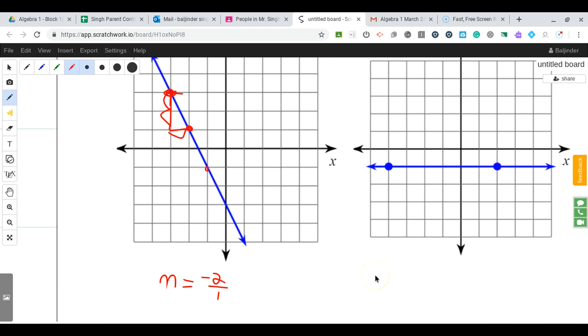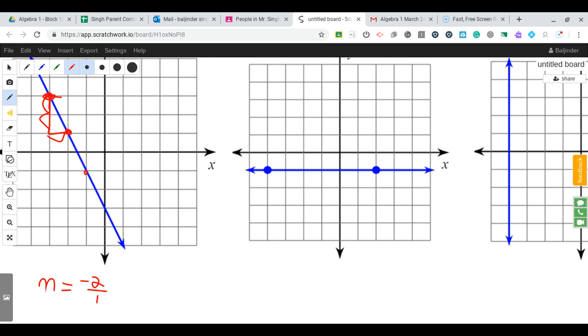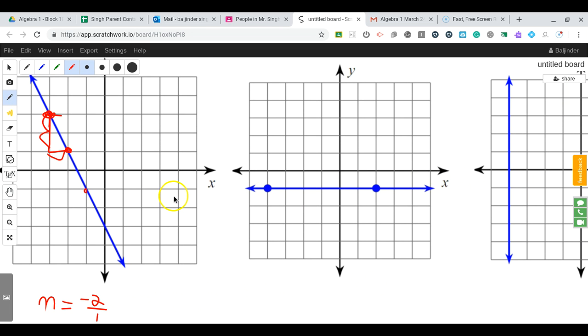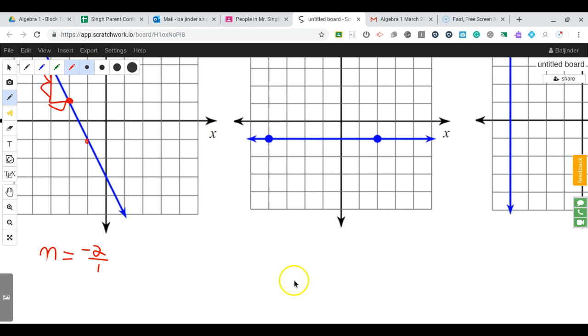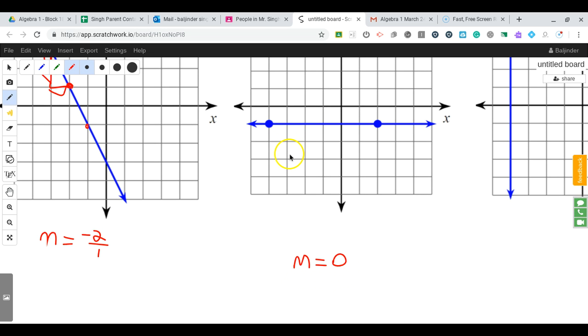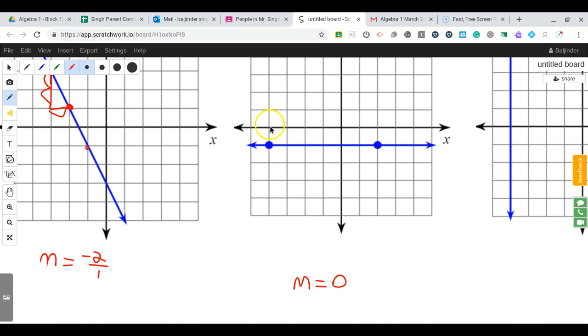Okay. The next line over, if you remember, is a horizontal line. The slope of this line is 0. There's no steepness for this line. So every horizontal line has a slope of 0. Another way to remember this is that if I don't need to go up, I'm just moving to the right.